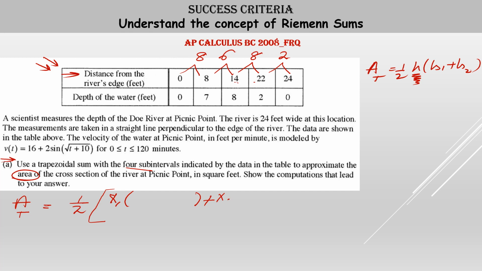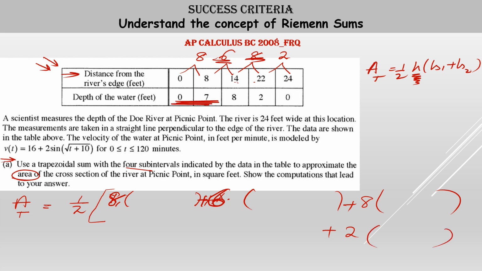So x1 is 8. Then you have another interval, that is 6, then again b1 plus b2. Then you have another x, that is 8. Then you have another x, that is 2. Now you have to add the b1 and b2.